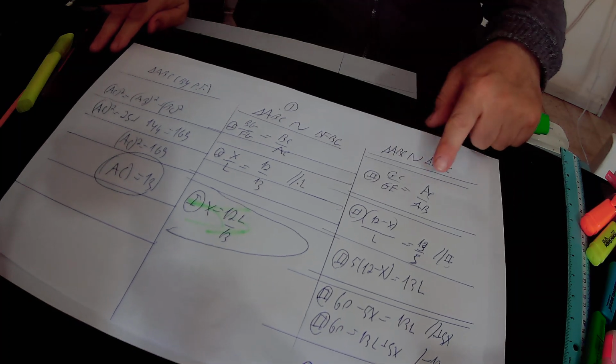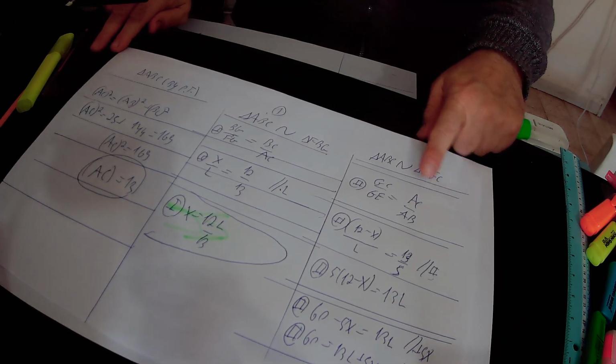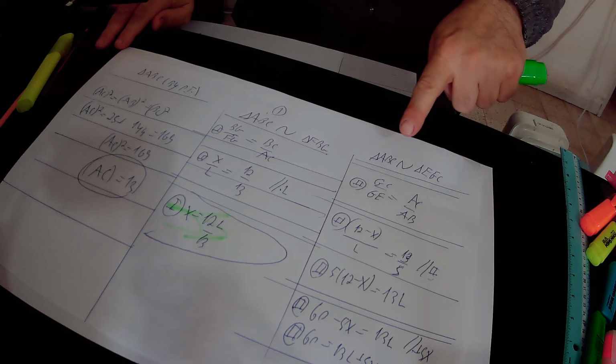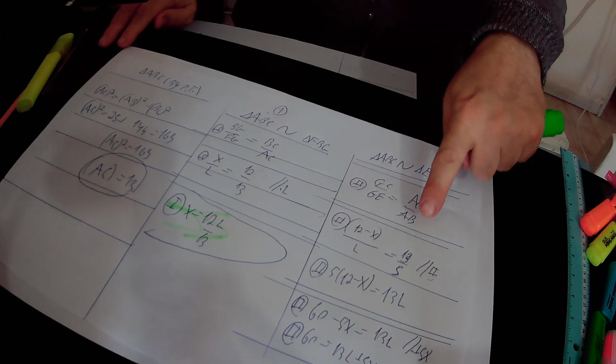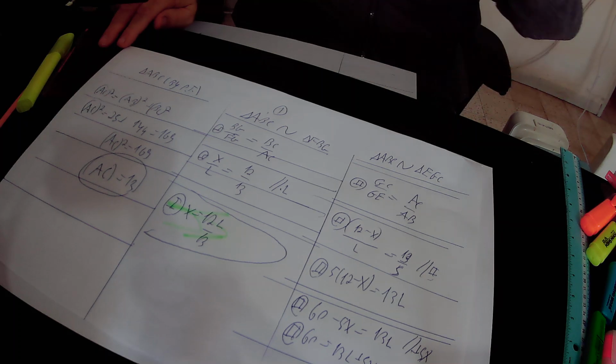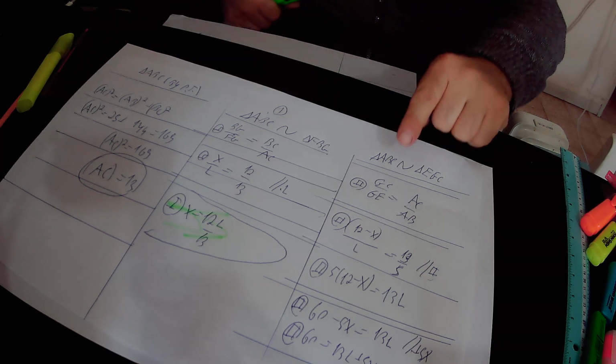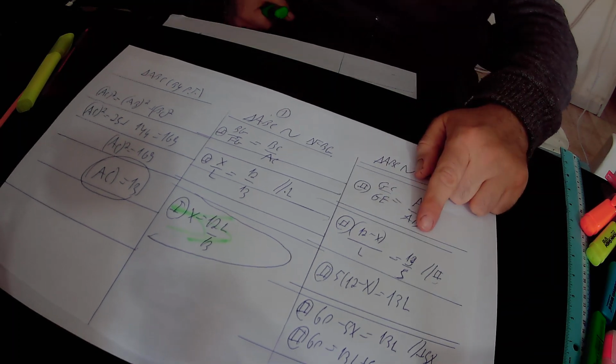GC is 12 minus X, GE is L, AC is 13, and AB is 5. So in conclusion, according to equation 2, 12 minus X over L equals 13 over 5.